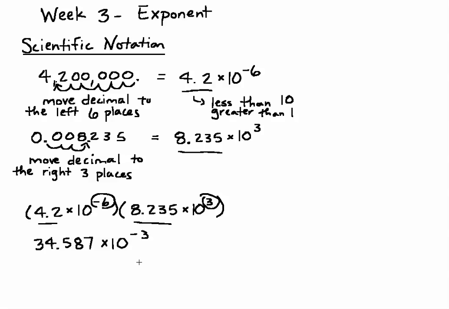And now, this is almost our final answer, but this is not in scientific notation because 34.587 is larger than 10. It needs to be less than. So we're going to need to move our decimal to the left to make it just past our first non-zero digit. So we move the decimal place to the left 1 place.